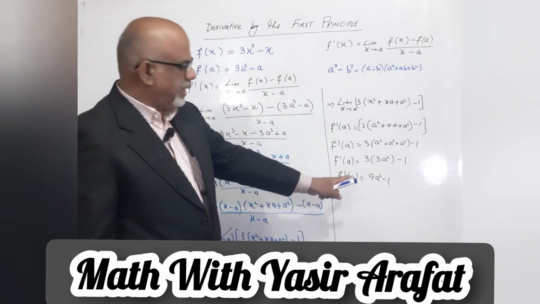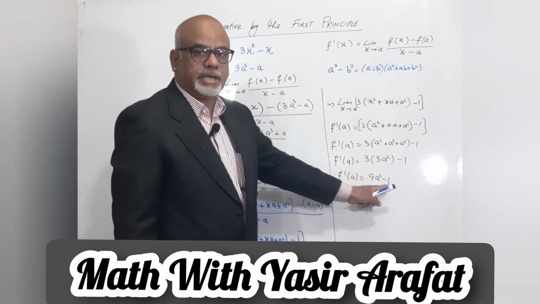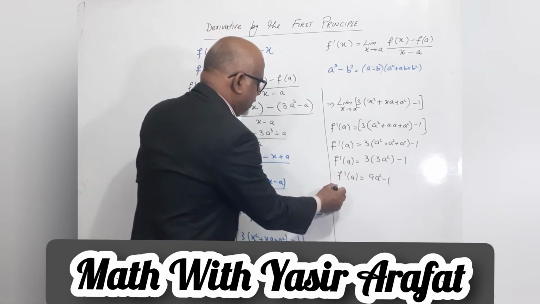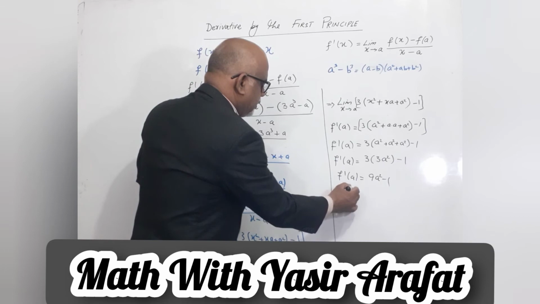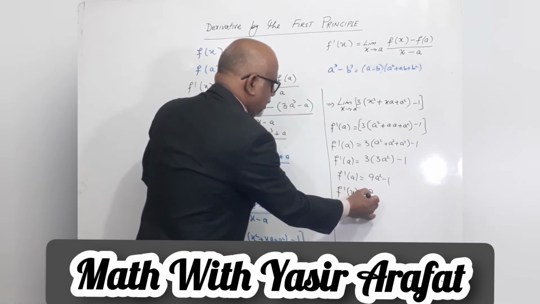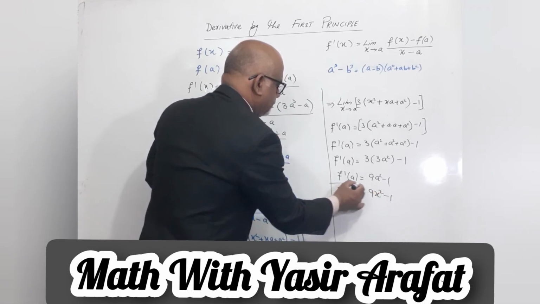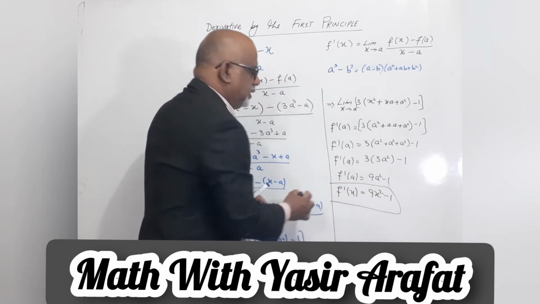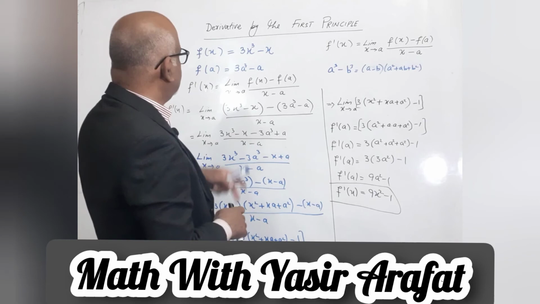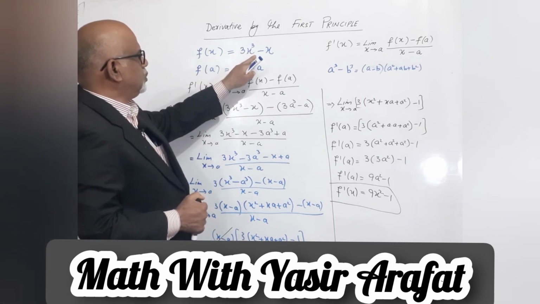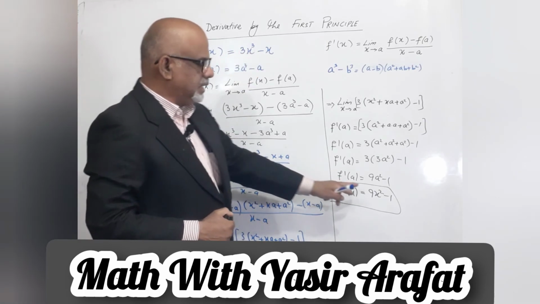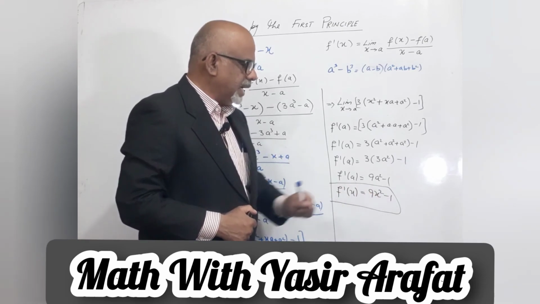Now we have to put the value a equal to x, because we have to find out f prime of x here. So this is 9x square minus 1. This is the answer of this question: the derivative of 3x cube minus x is 9x square minus 1.